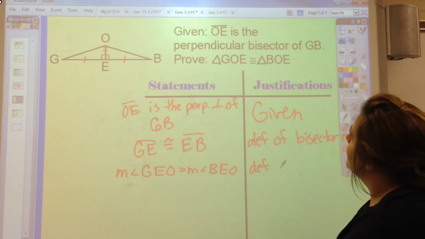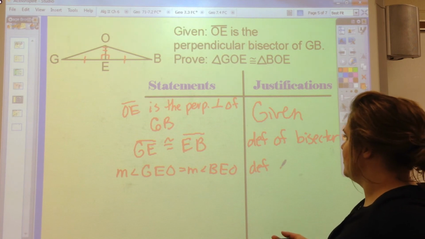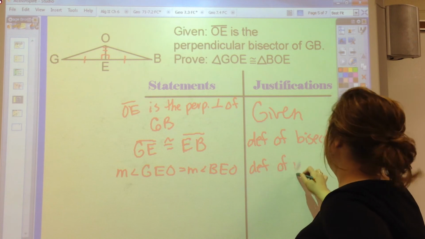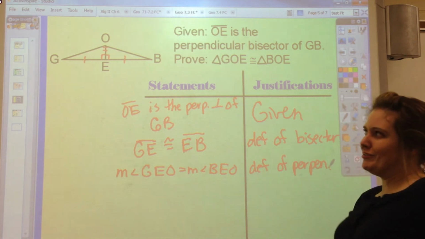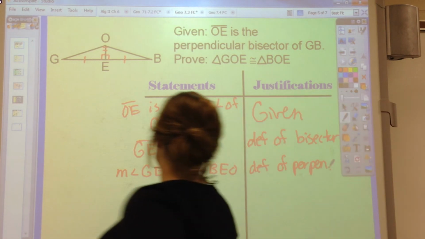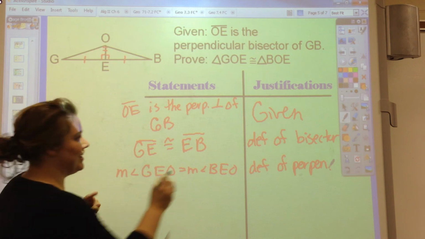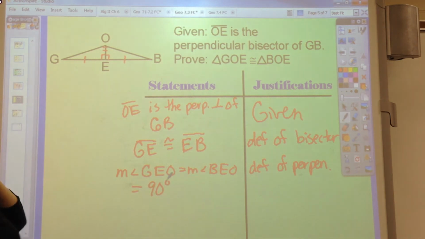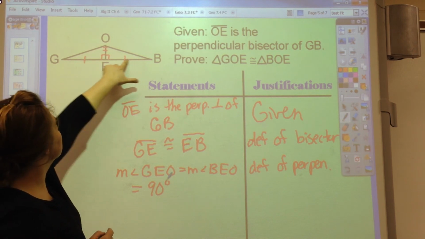Hang on just a second. If I already know they're right angles, I can say they're equal to each other. Sorry, just thinking for a second. Definition of perpendicular. If I need a middle step in here, I'll tell you tomorrow, but I think I'm good on that. Let's add that they equal 90. They equal each other because they equal 90. Definition of perpendicular. Done. All right, now I have stated these angles and these side lengths.